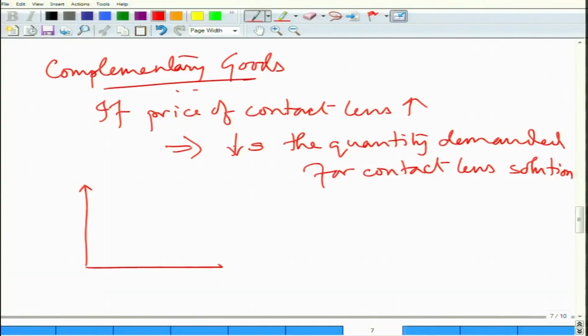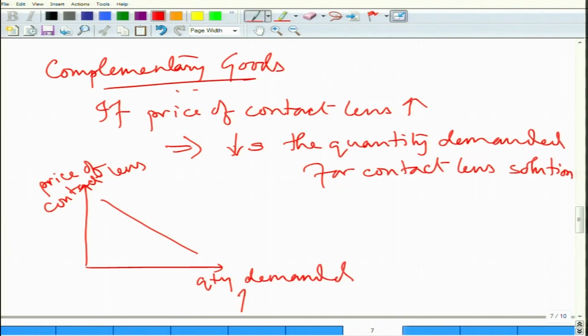If I plot them, it shows a downward sloping demand curve, because over here I have the price of contact lens and over here I have the quantity demanded for contact lens solution.